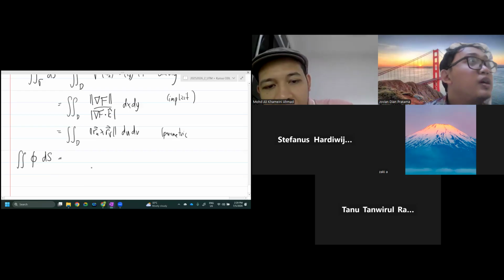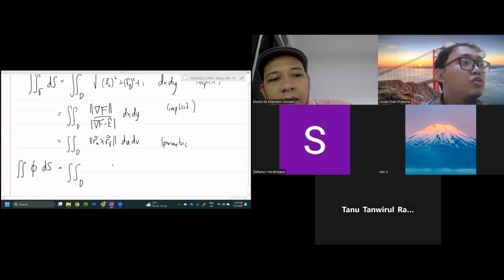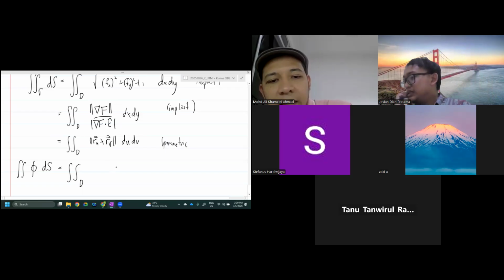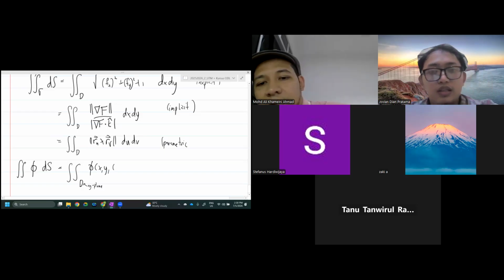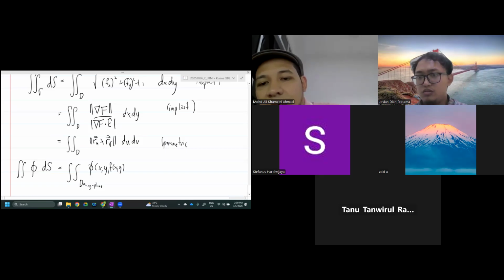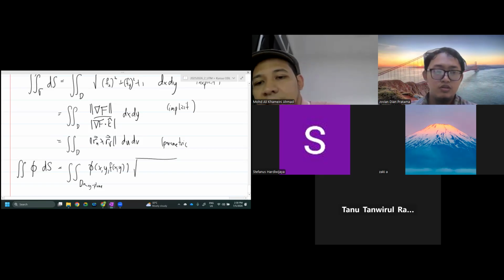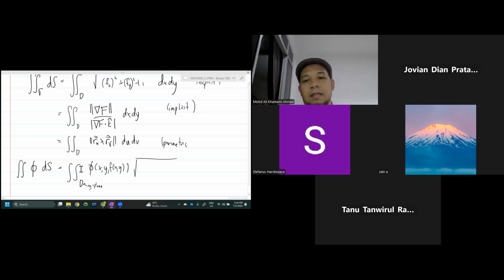Then you have phi of x, y, and z, where you replace z with f(x,y). Then you have the root of f sub x squared plus f sub y squared plus 1, dy dx or dx dy, depending on the order of integration you choose later.